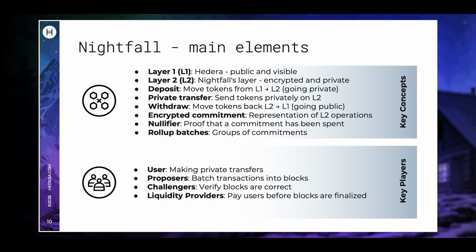Now, how this is exactly working is that we have encrypted commitments. Now, these encrypted commitments, just to go back to, for example, the Corda analogy that we had before, where you have states that you can mark as historic. It's taking your transactions and brings them together in a basket, and as soon as they are spent, it nullifies them and shows that this has been spent and cannot be used again.